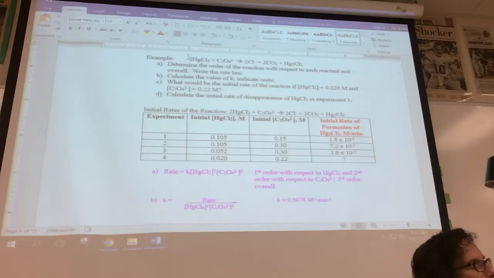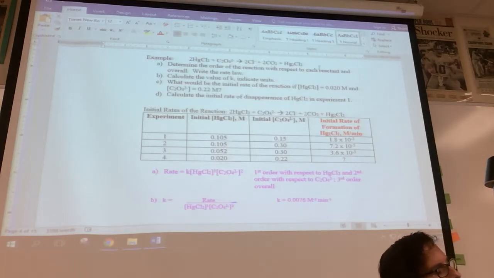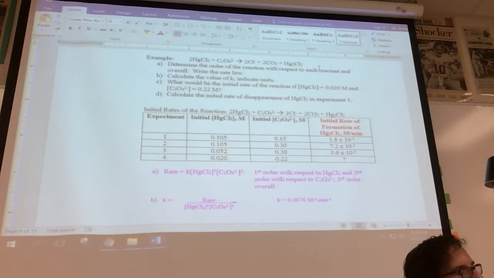They have mercury 2 chloride reacting with oxalate ion to generate chloride ion, carbon dioxide, and mercury 1 chloride. And this is a redox reaction. Ooh, this looks like fun.